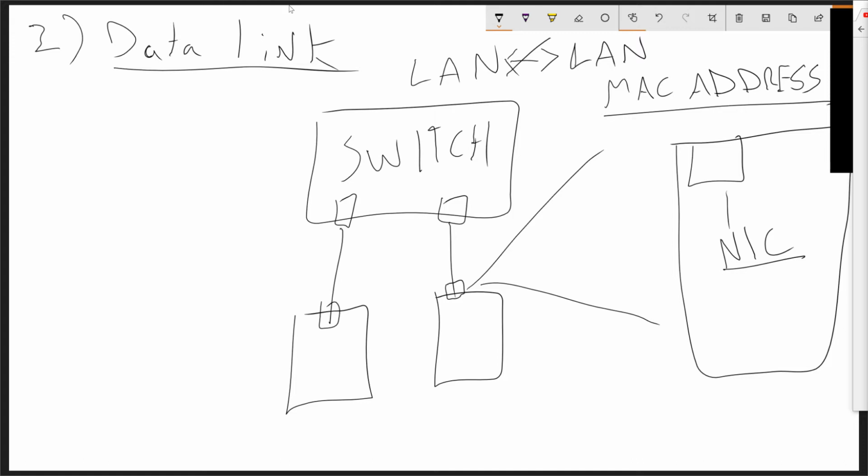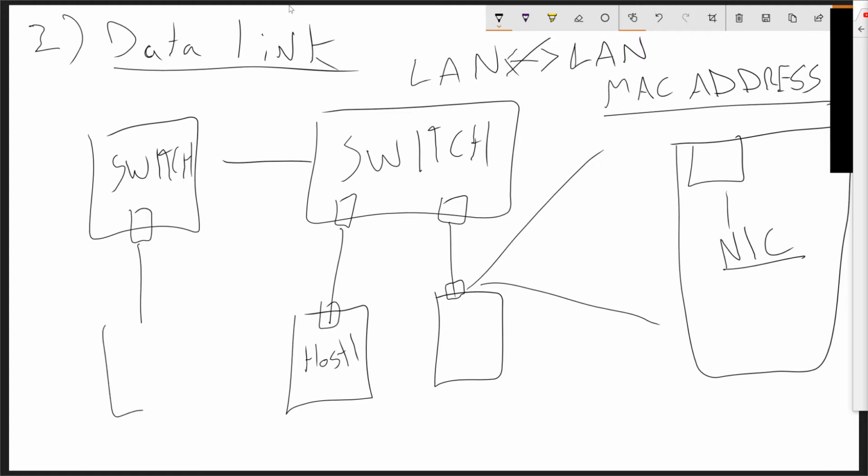but if you're trying to communicate to another network, that cannot happen at the data link layer. So this is important to understand because if you are having an issue where you can go from one device to another device. So let's say this is host 1. And let's say over here is another LAN. And then this is host 2.